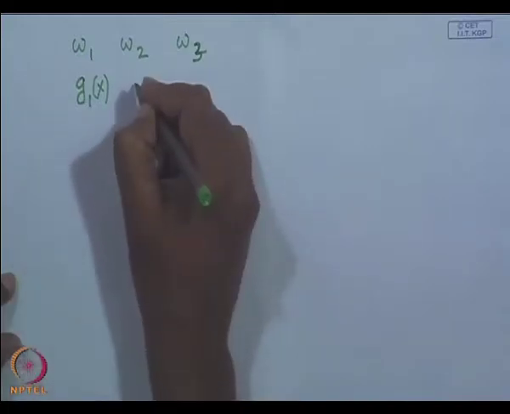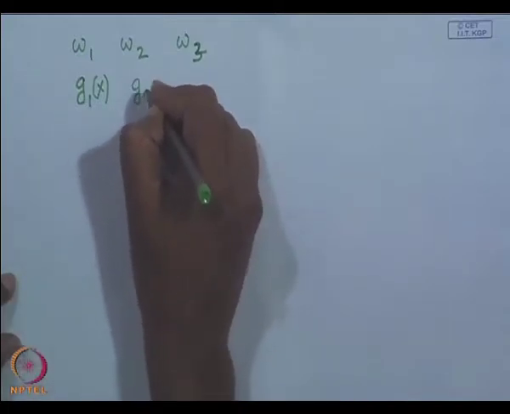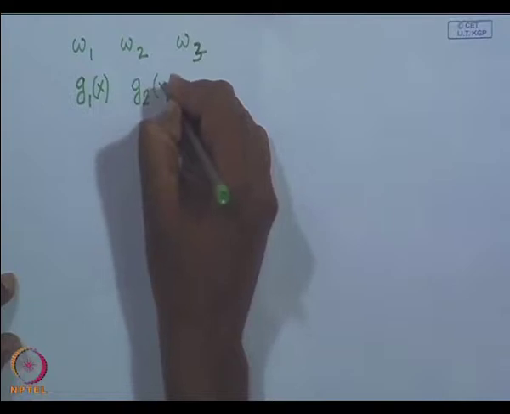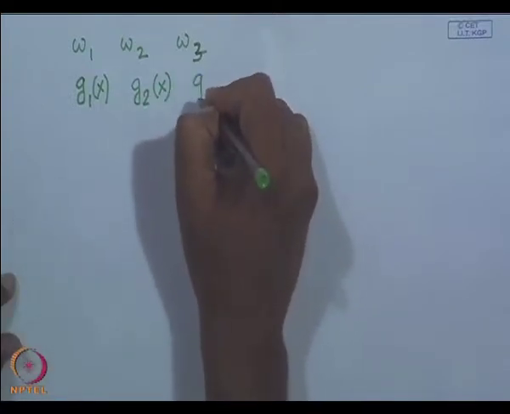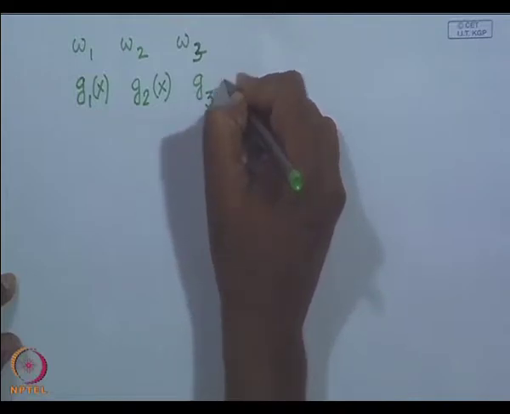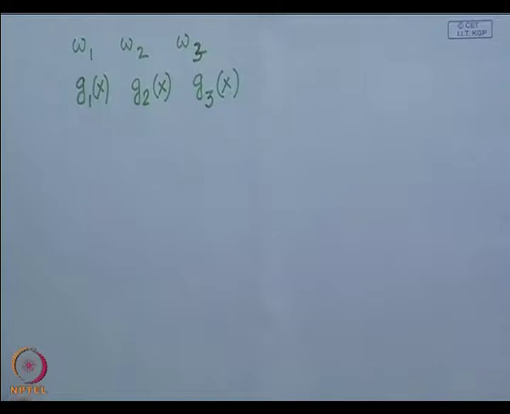For omega 2, I have a discriminant function given by g2(x), and for omega 3, I have a discriminant function given by g3(x). So, these are the 3 discriminant functions for 3 different classes.